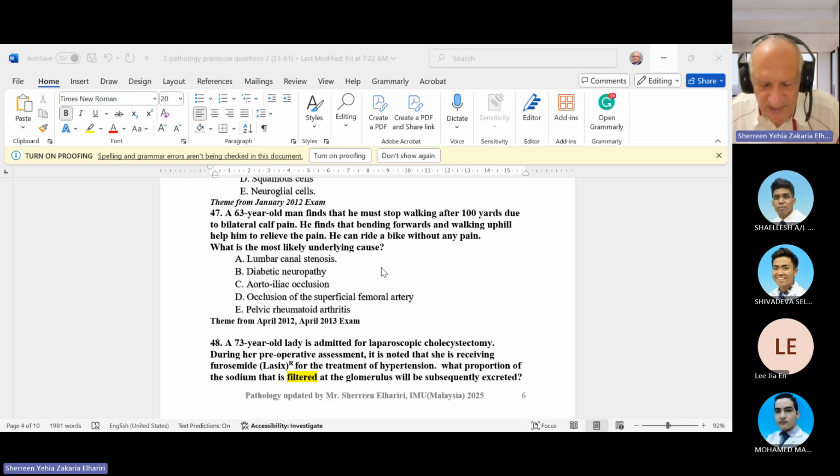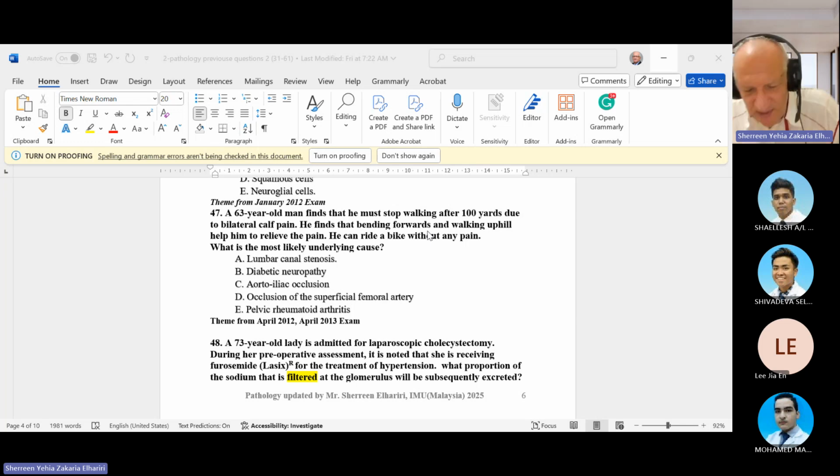The patient, when leaning forward, the pain in his lower limb is decreased. Lumbar stenosis. Okay, this is good. Usually in some scenarios, they mention a lady going shopping in a supermarket, and when she pushes the trolley, she finds it easy, no problem. After that, when she goes back and stands up, she has the pain again.